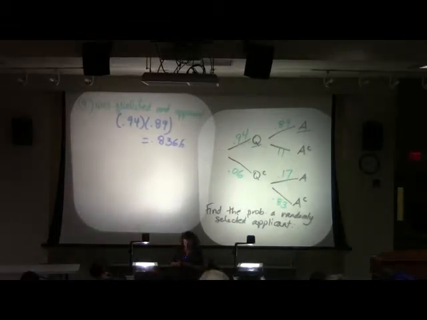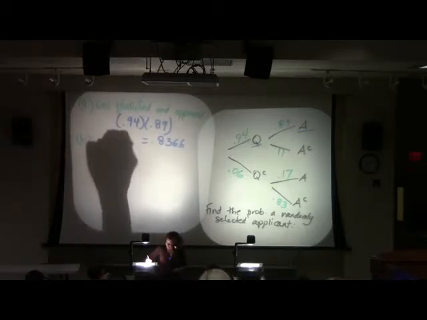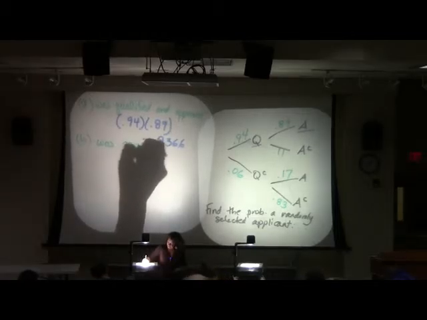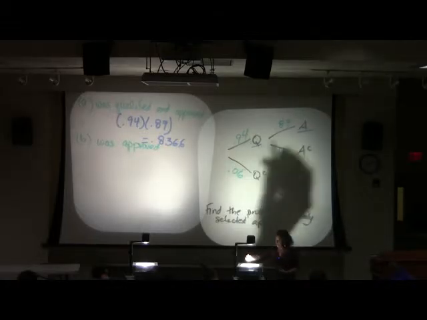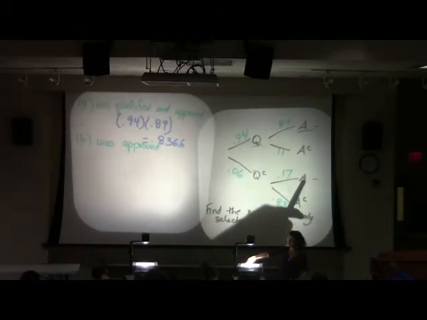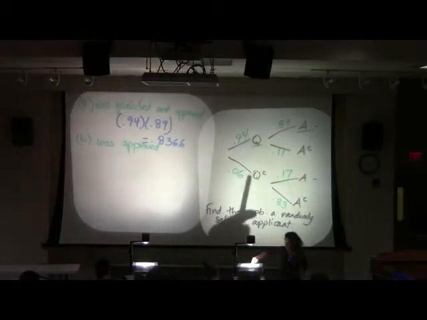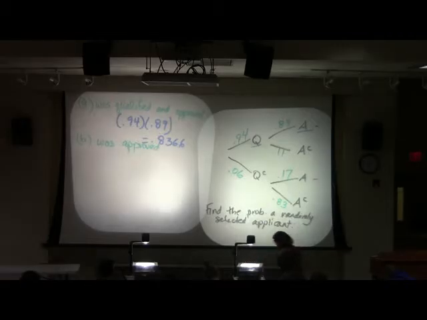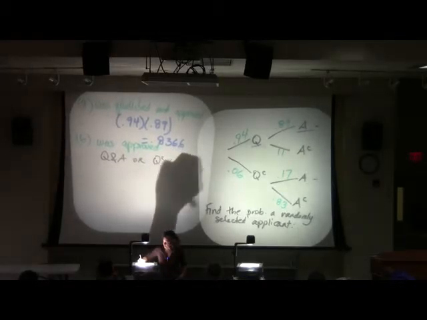All right. What if now I want to find the probability that a randomly selected applicant was approved? Can we do this guy? We sure can. But you look at it and you're like, well, wait a minute. We got a couple possibilities going, right? Approved is here and here. Couldn't they be qualified and approved or unqualified and approved? So they could be qualified and approved or unqualified and approved.